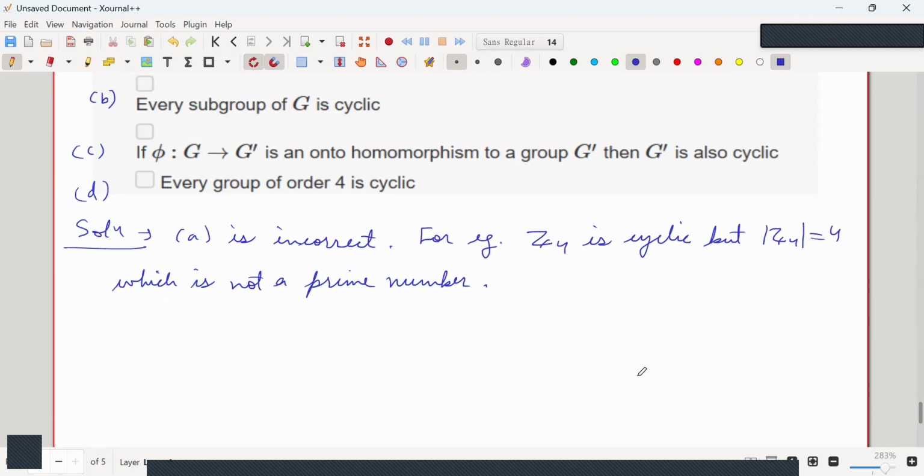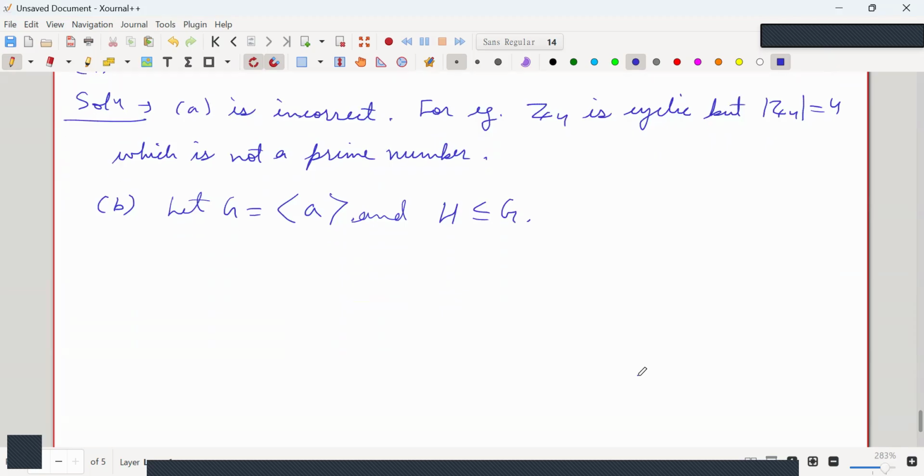B part is, so G is a cyclic group. Say let G be generated by some element, so we can take say A, okay, and H be any subgroup of G, right? Since it's a subgroup of G, it will also contain powers of A, right?